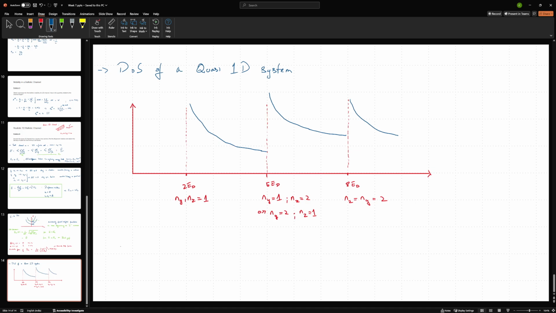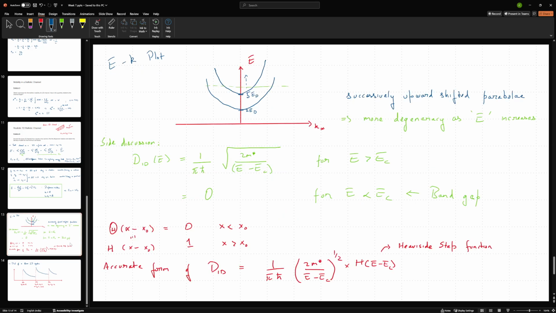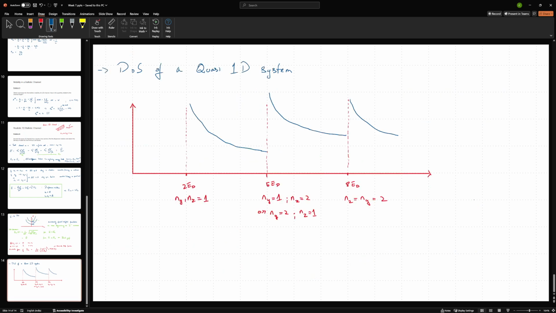Okay, so first let us identify what these are. Now you can see that there are several minima occurring here. Previously, we considered just one conduction band edge, and for that band we defined this function. Now there are many such bands occurring. These are not different bands; these are essentially different levels in the same band.